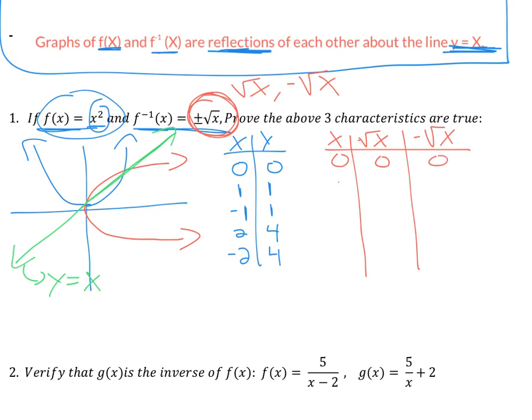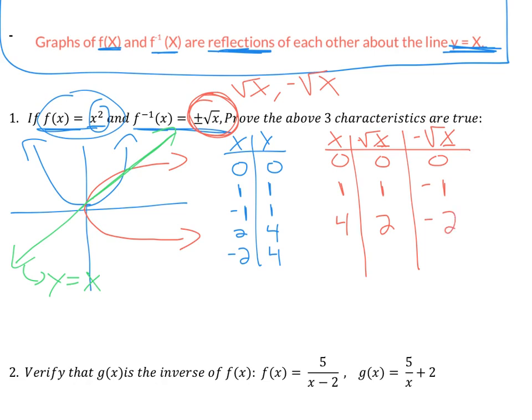If I put in 1, well, the square root of 1 is 1. Here, I just get a negative on the outside. So these are the y values. You can see how it switches. If I put in 4, the square root of 4 is 2, and then for this, square root of 4 is 2, but then we put the negative 2.